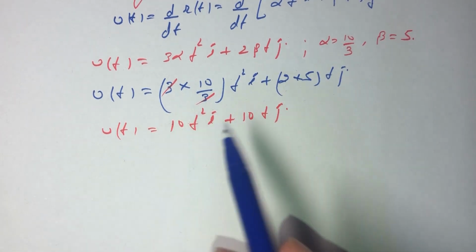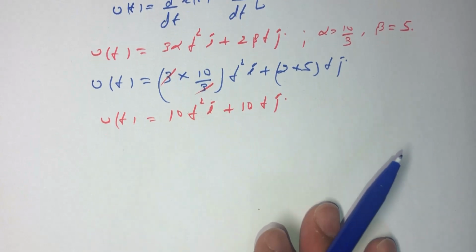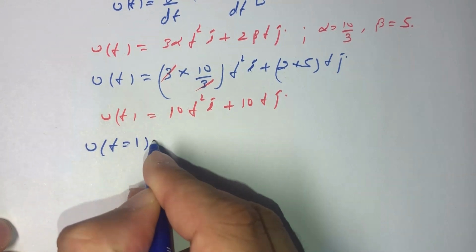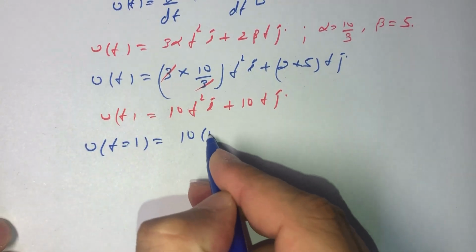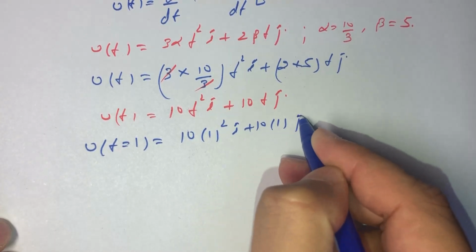and we have to find out what will be velocity at time t is equal to 1 second. So we can say velocity at t is equal to 1 will be equal to 10 into 1 square i plus 10 multiplied by 1 j.